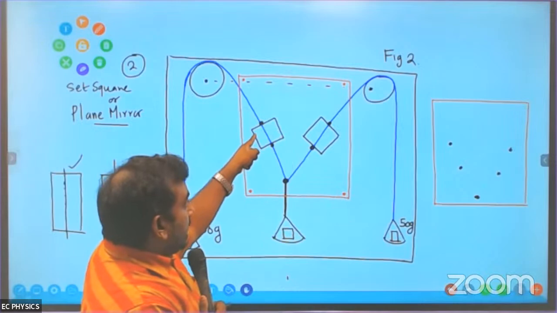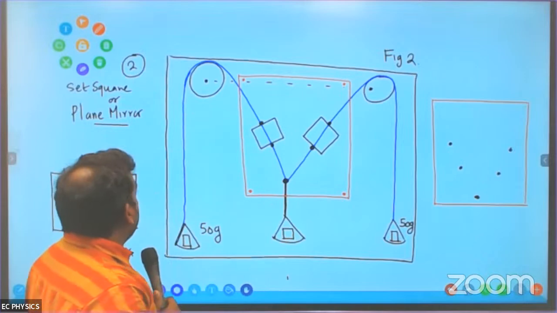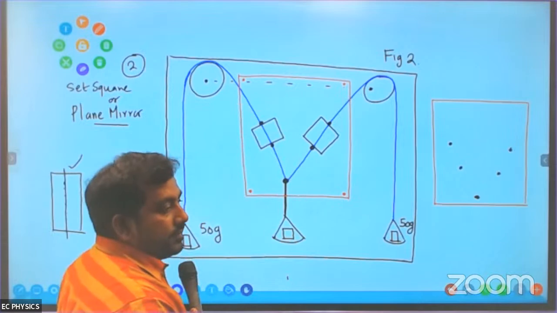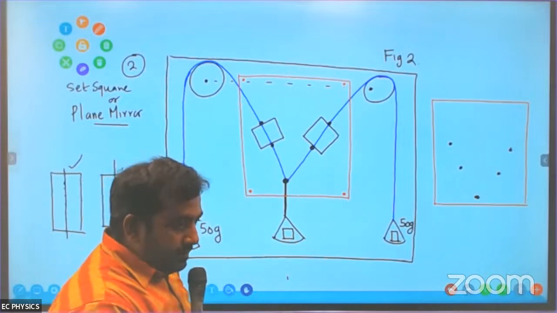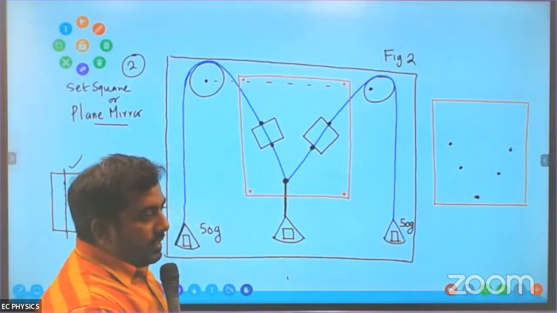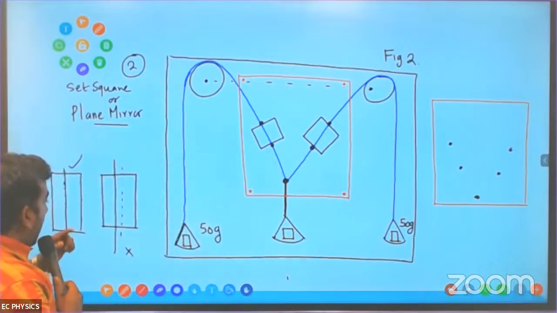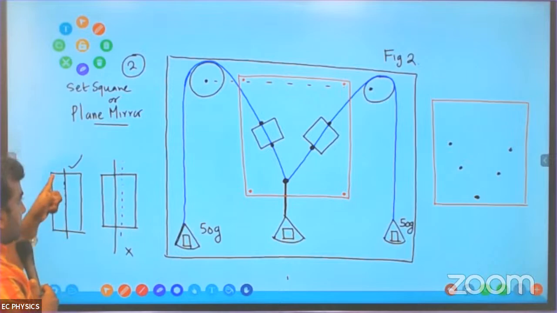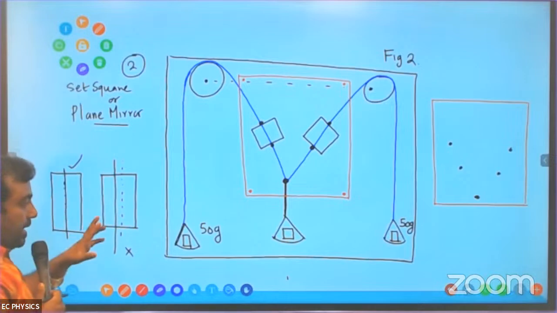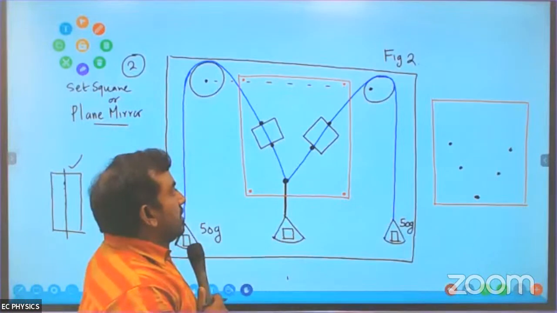We take a plane mirror and we slide it under the string segment until the string and its image coincide with each other.